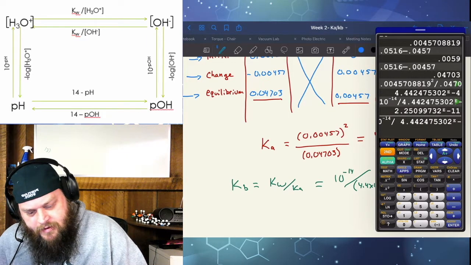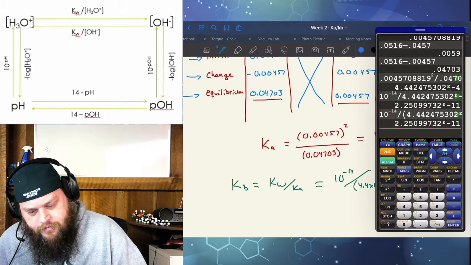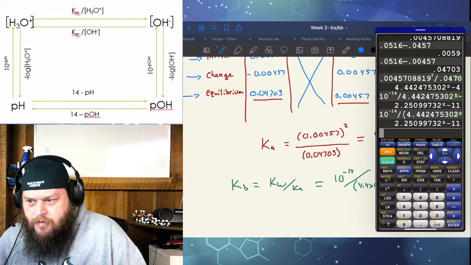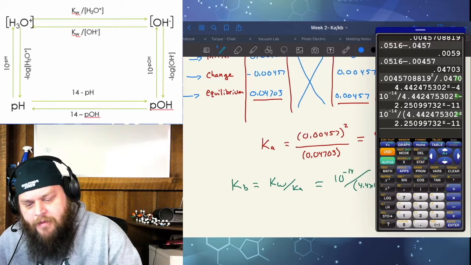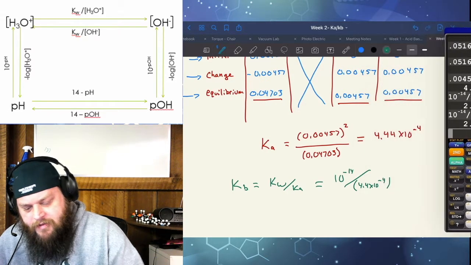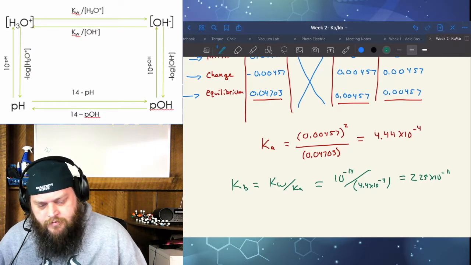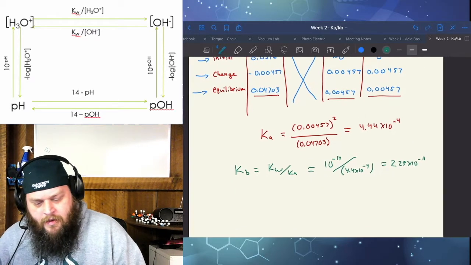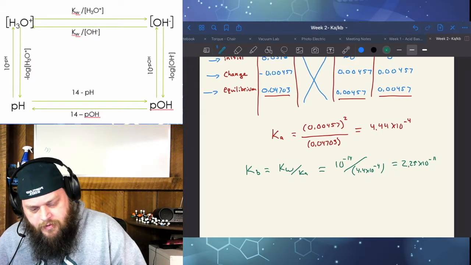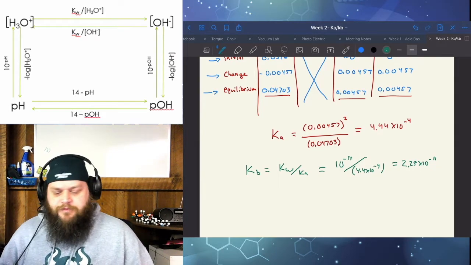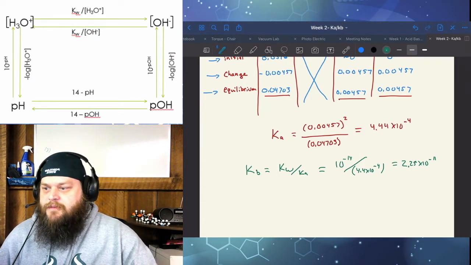I think I need to insert a parenthesis. Maybe not. Yeah, that should be it, I think. 2.25 times 10 to the negative 11. Yeah, that sounds right. There should be a point in there. And that's how we get our conjugate base.